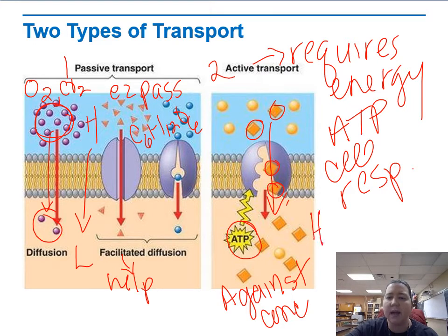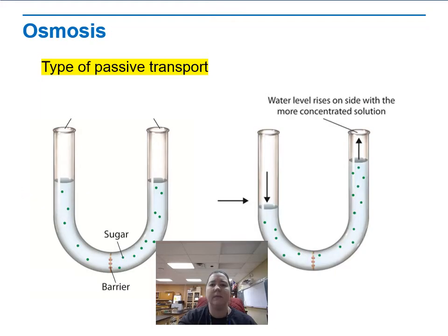So this is the high concentration, this is the low concentration, and we're actually trying to force them to go that way. It's kind of like pushing you up the slide, whereas passive transport is basically just going down the slide. Active transport is actually trying to push you up the slide.